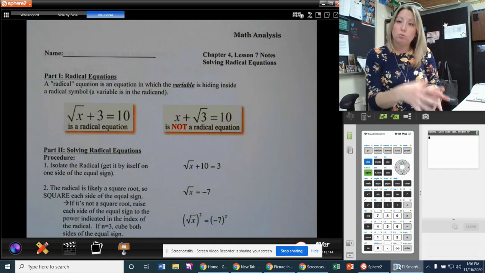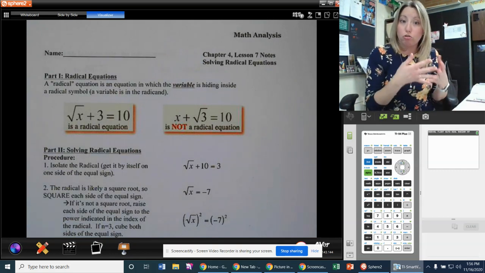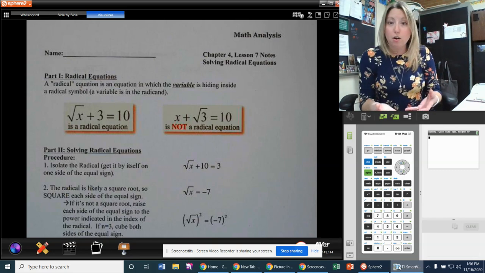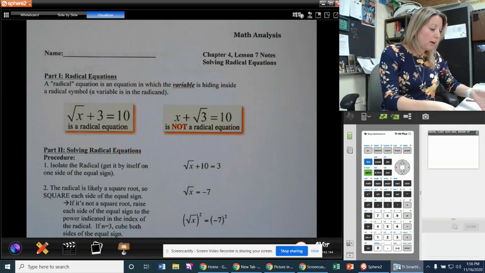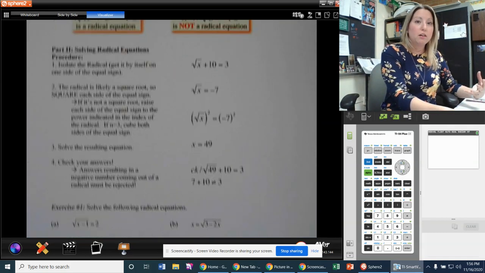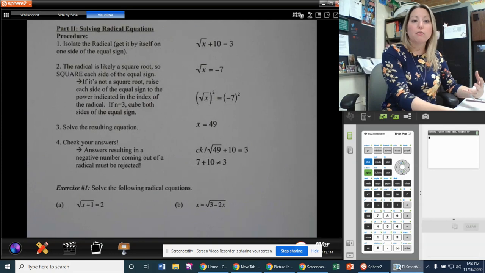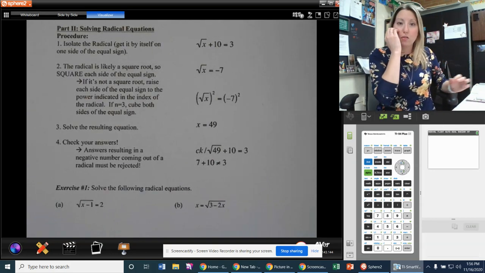And I actually used a question in my example that had an extraneous root to show you we're going to be on the lookout for this particular thing. Okay. So we're going to have to reject answers that result in a negative number coming out of a radical. All right, so that's what we're going to have to be kind of on the lookout for.